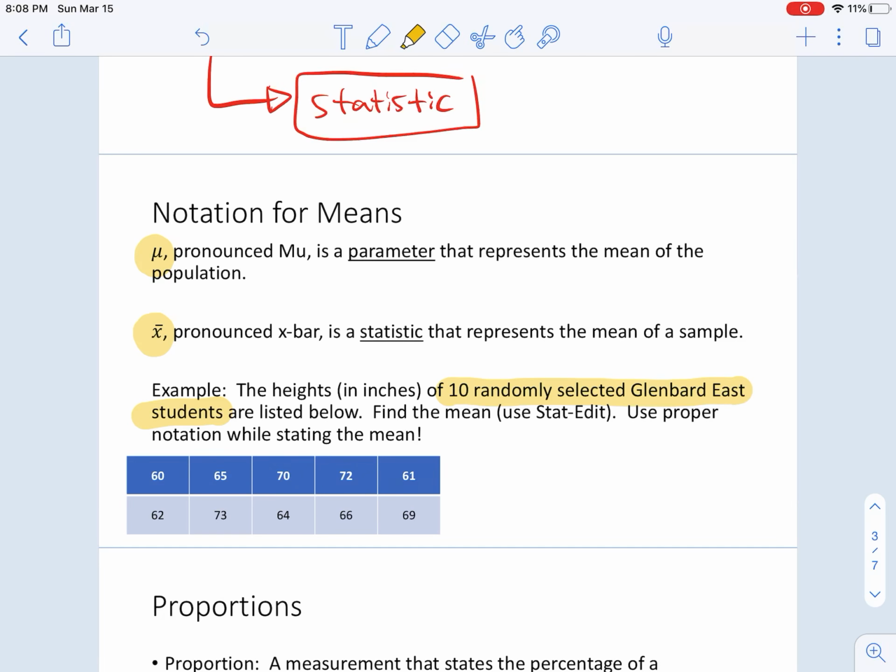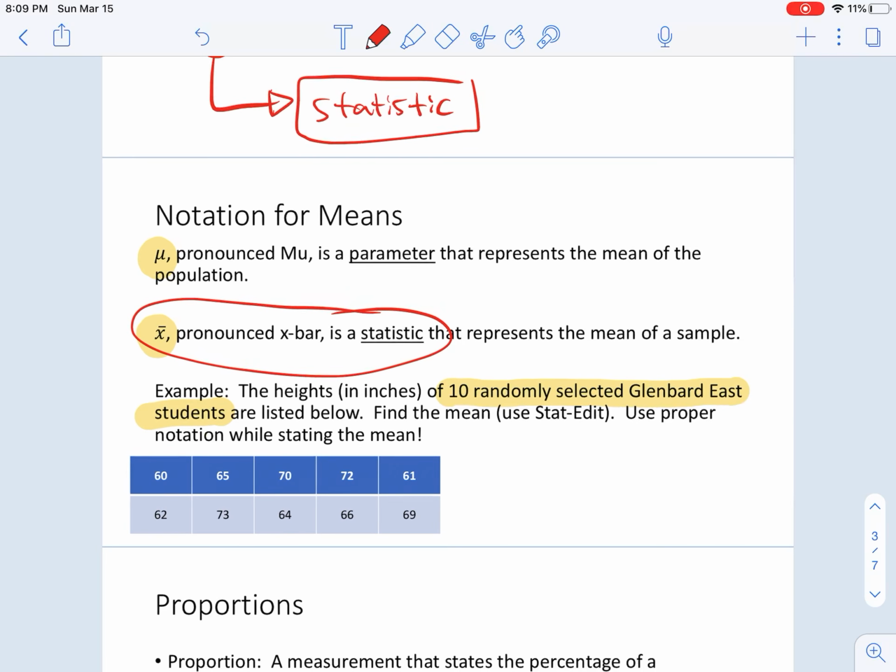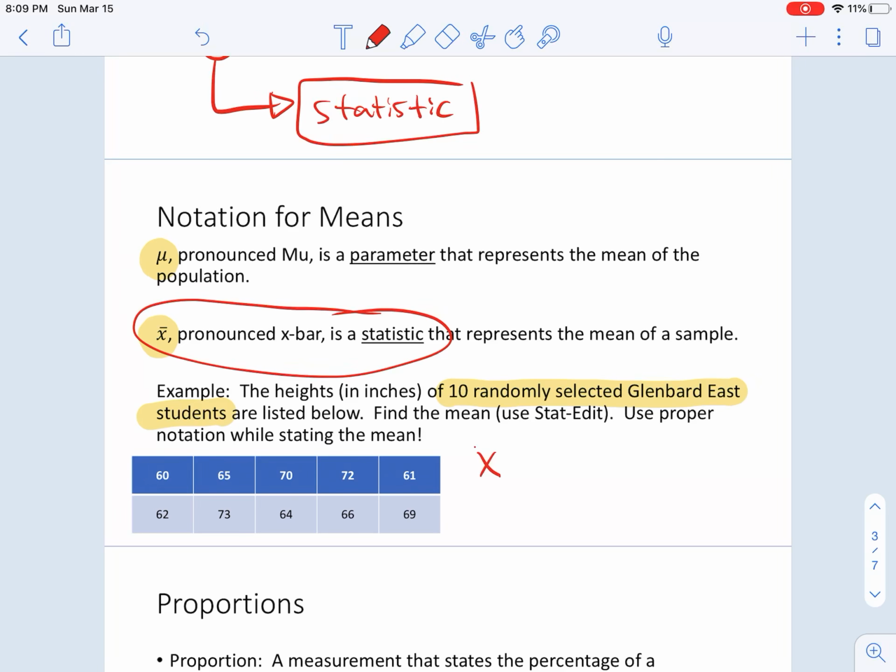Well, we know that there's a lot more than 10 students at Glenbard East. So this is a sample of the population. That means that our answer is going to be a statistic, and X bar is the mean statistic. So our answer, whatever it ends up being, is going to be X bar equals, and then we have to go find this number. So we're going to do that using our calculator.